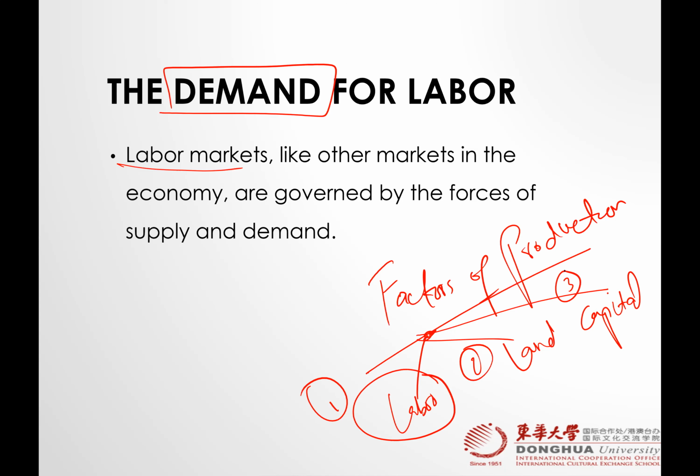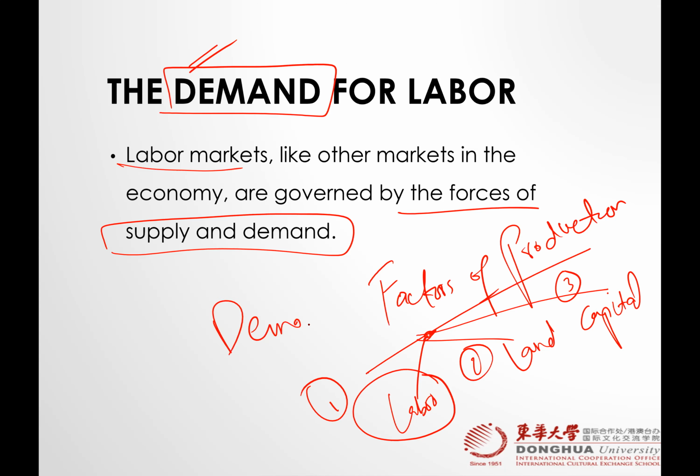Labor, like other markets in the economy, is governed by the forces of supply and demand. So let's talk first about demand for labor. When we talk about the demand for a factor of production, it is a derived demand.